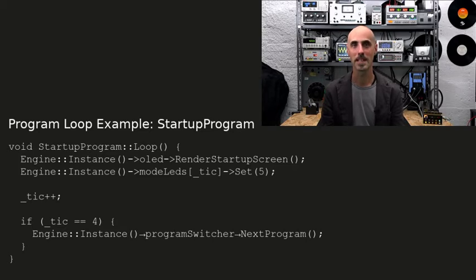Finally, in the loop method of a program, we can code the logic of the board. Let's take a look at the startup program as an example of how to develop logic on the main loop. This is the program that shows the logo on the screen and blinks some LEDs before switching to the main program. It is a sort of bootstrap to start the board gently.